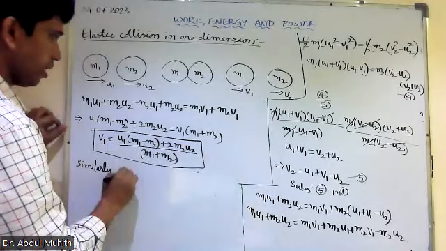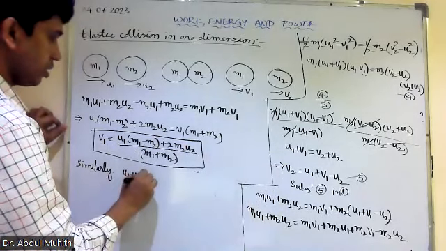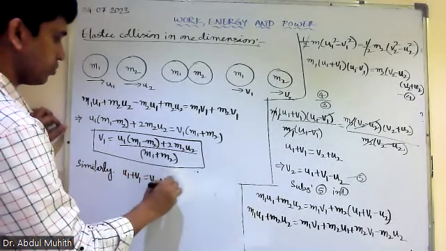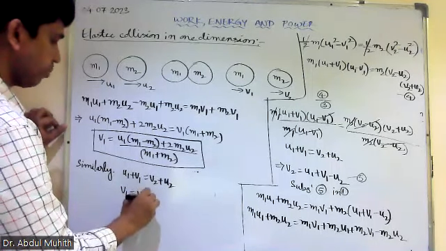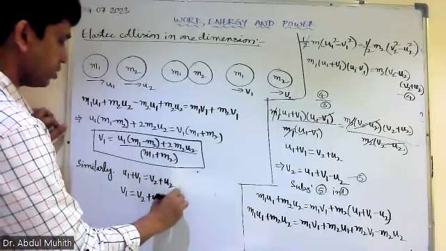I will write here. Similarly, u1 plus v1 equals v2 plus u2. So I want v1 equal to v2 plus u2 minus u1.